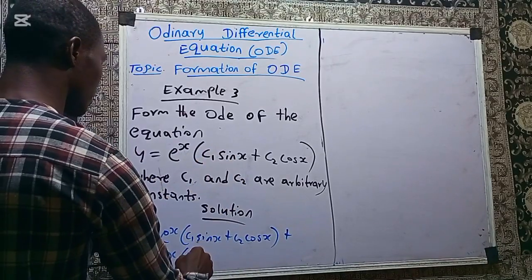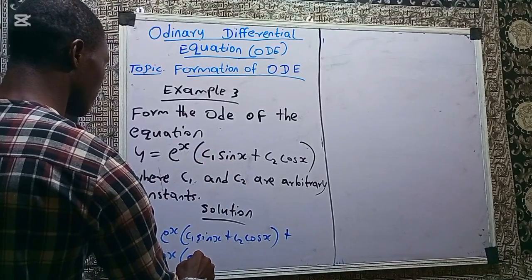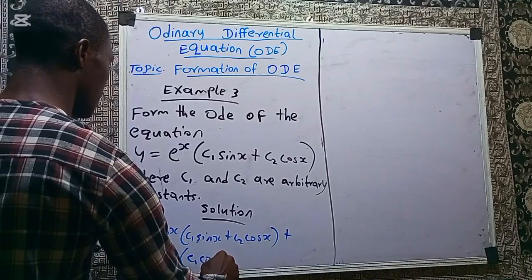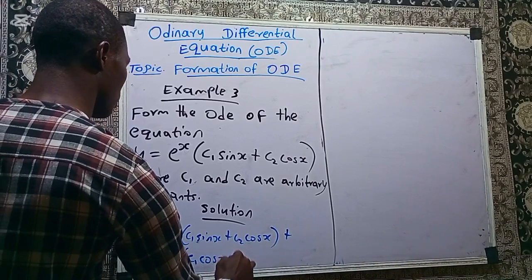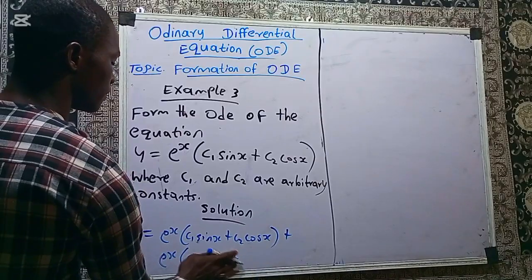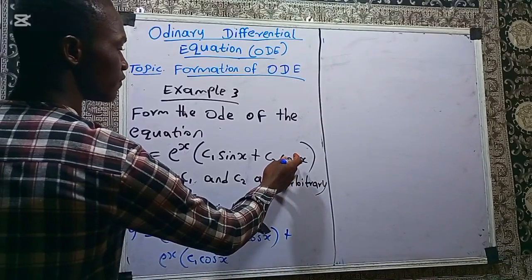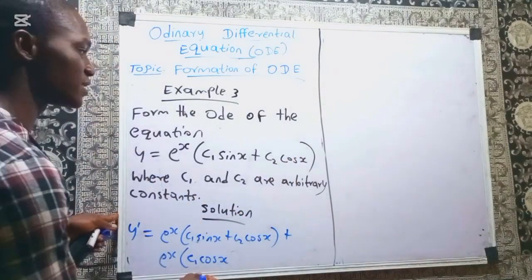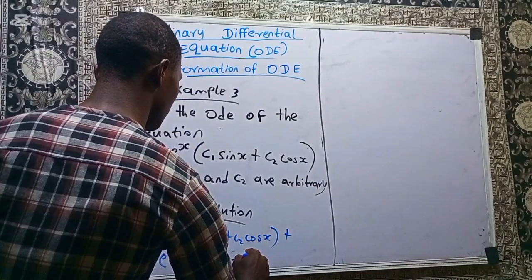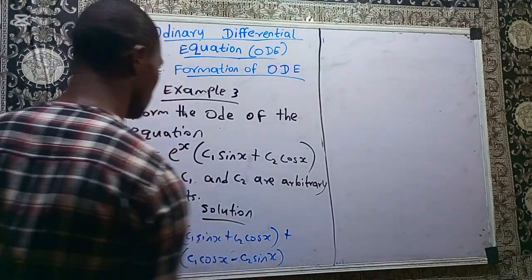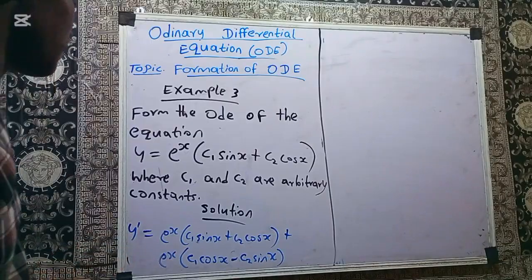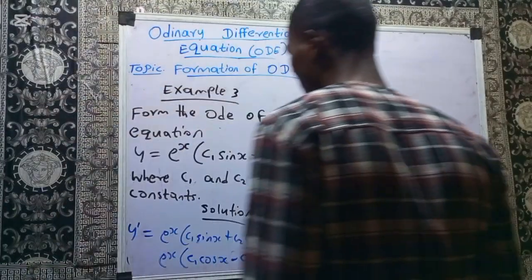If you differentiate sine, you have positive cosine, c1 cos x, plus, if you differentiate cosine, you get negative sine, so you have negative c2 sin x. So this is what you get.